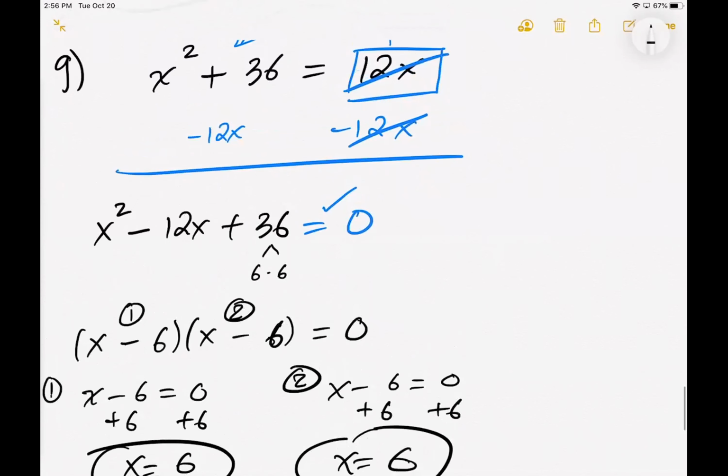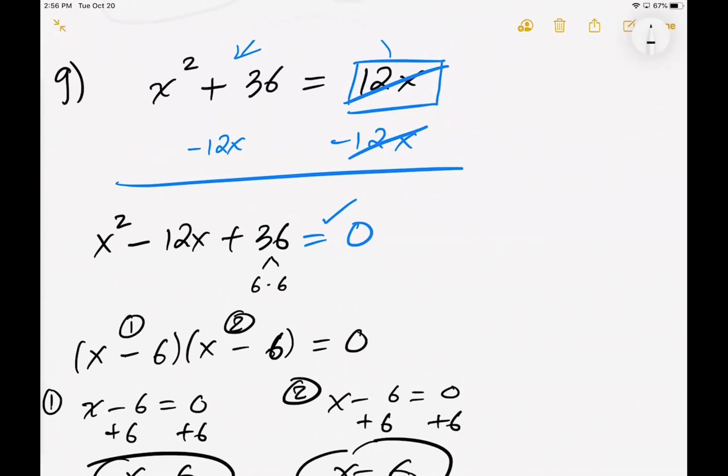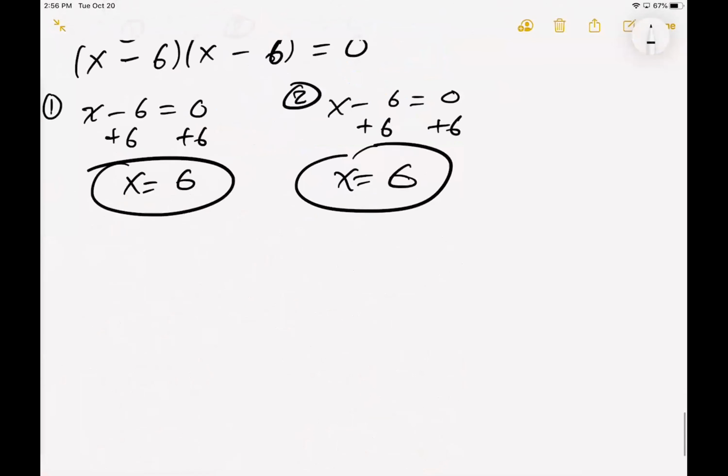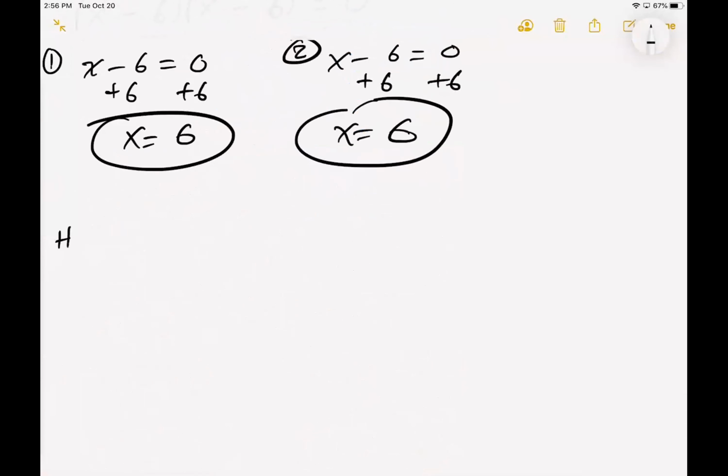Make sure that if it's not equal to 0, somehow, some way, make it equal to 0. So let me ask you guys to try this one for me. Let's do H, and then we will do a little bit harder problem.